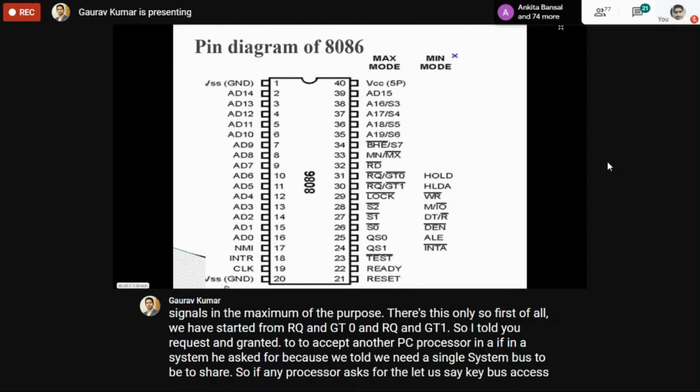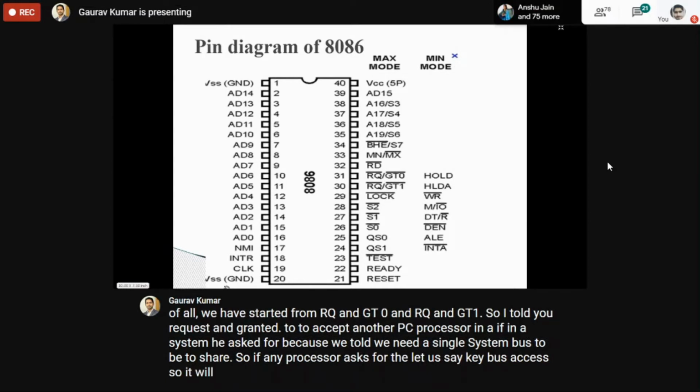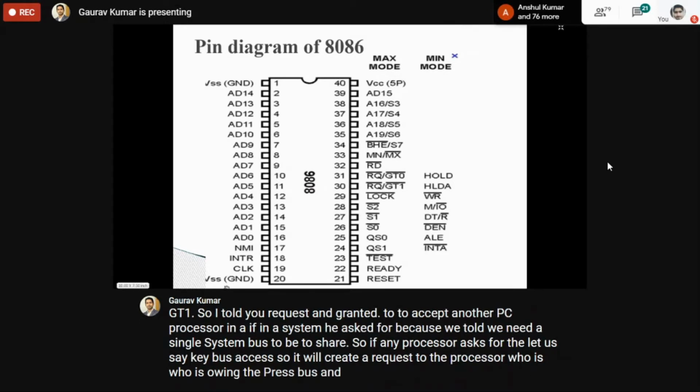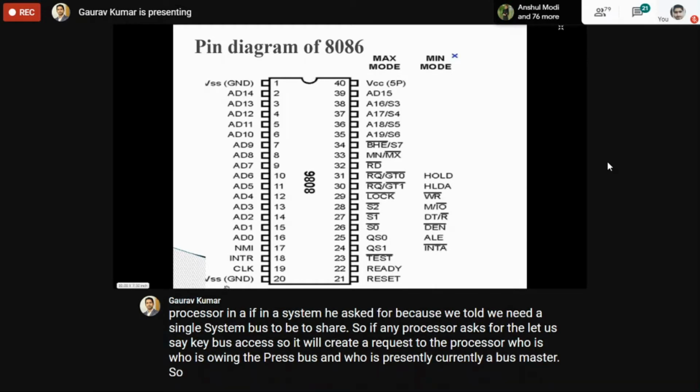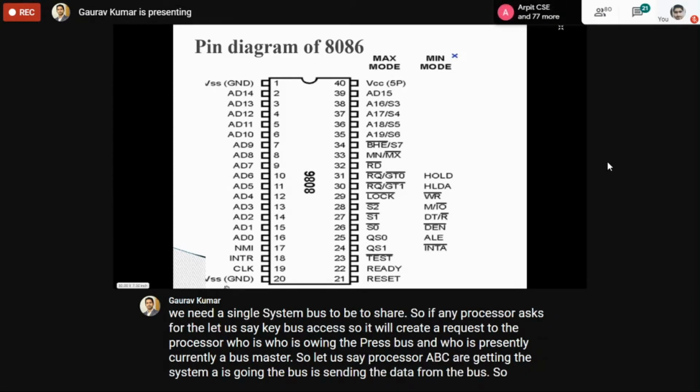Then I told you about this LOCK bar. LOCK bar is something which matters when another processor sends a bus request to the processor, which releases the bus at the end of the machine cycle. I told you the concept of T cycle, then machine cycle, and then instruction cycle.